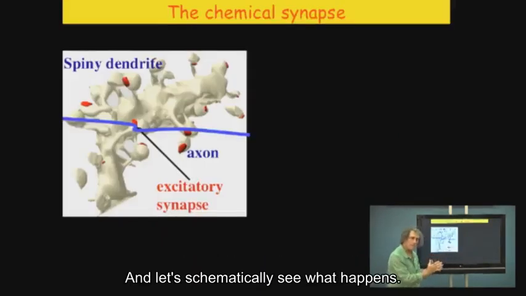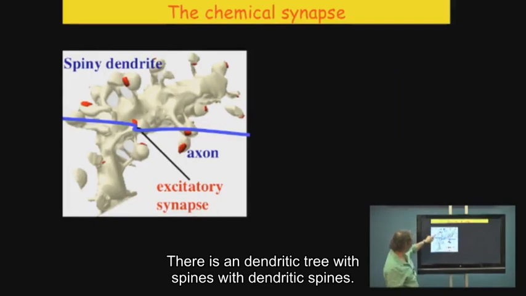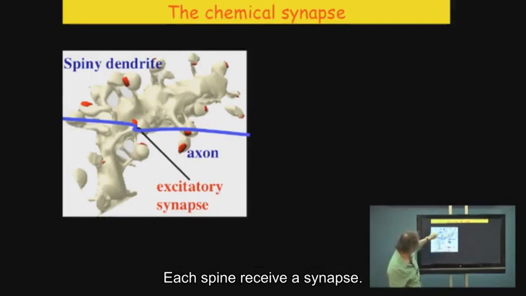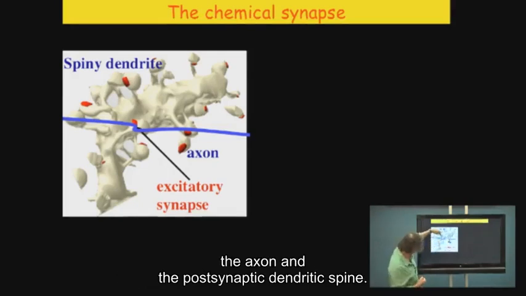And let's schematically see what happens. So there is a piece of an axon going through. There is a dendritic tree with dendritic spines. Each spine receives a synapse. For example, this axon makes a synaptic contact between the axon and the postsynaptic dendritic spine.